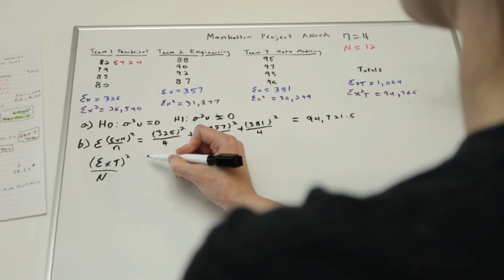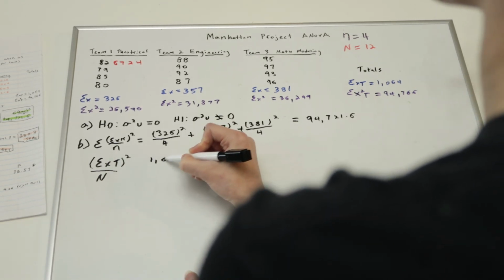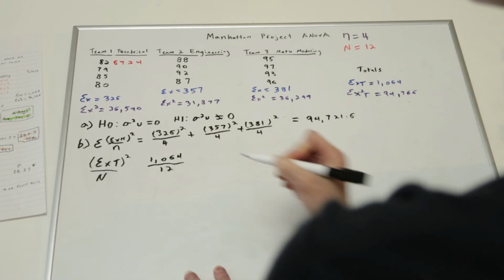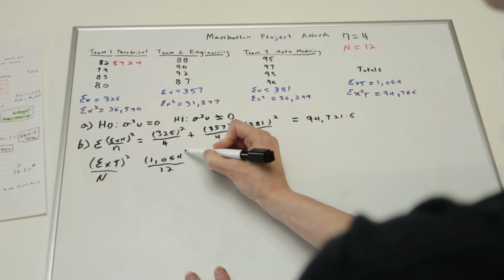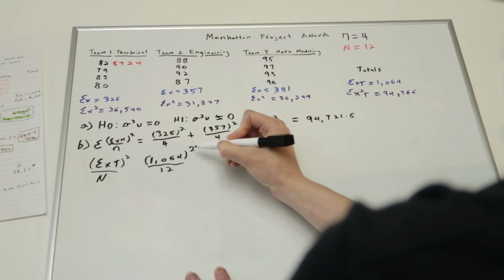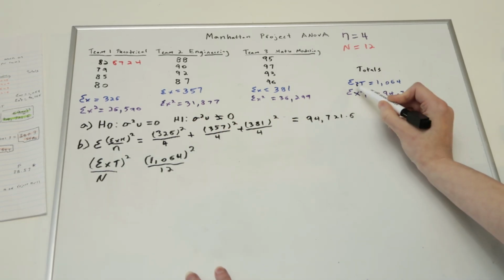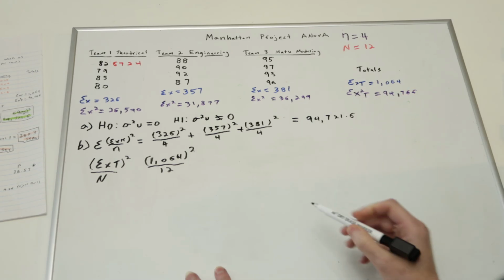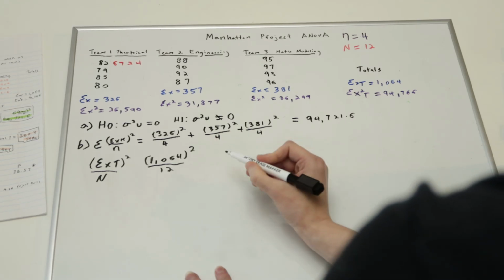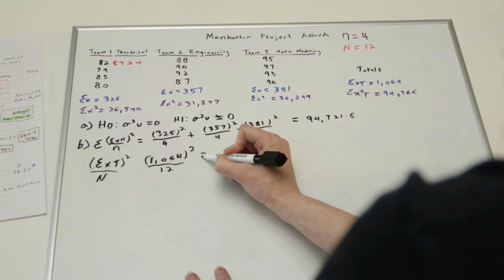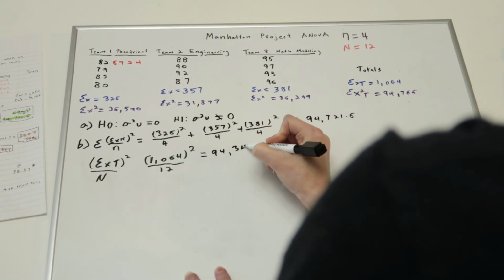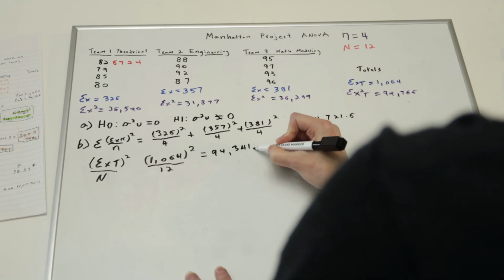So then you're taking 1,064 over 12, but you are squaring this 1,064. This is going to equal 94,341.3.